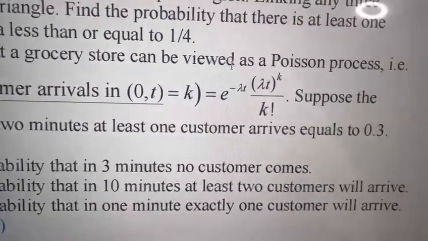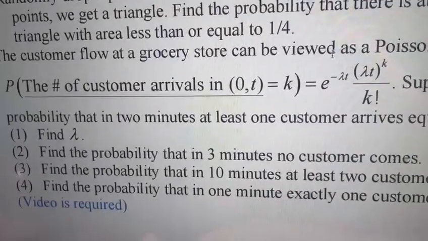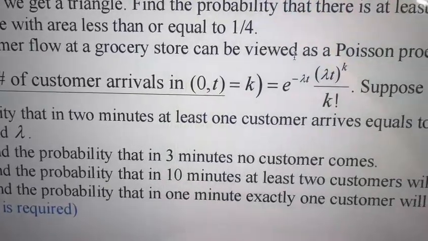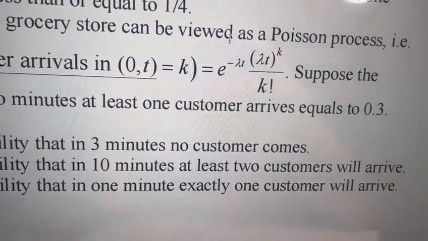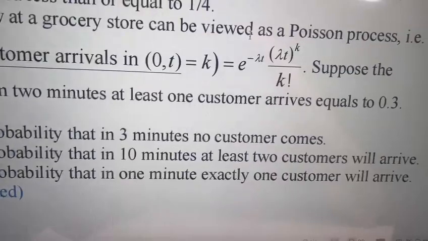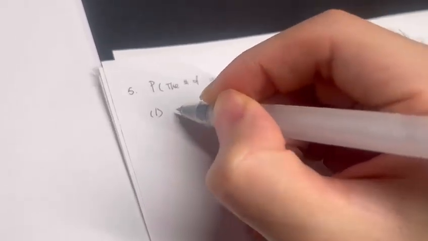The question also says that the probability that in 2 minutes at least one customer arrives at the store equals 0.3. So we can use that to solve the first question, which is to find lambda.